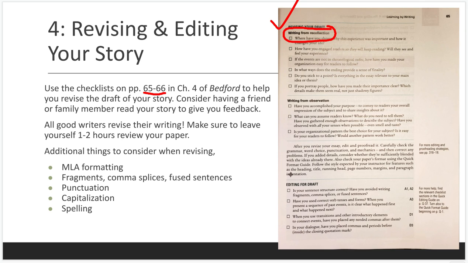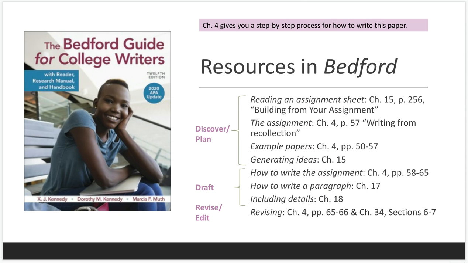Okay, and then editing for the draft. This is just a good checklist to go through. I would highly recommend you focus on fragments, comma splices, and fused sentences. I will mark off more for these because we've learned about them this week, so you should know how to spot them and fix them. But you also do want to focus on your MLA formatting and then punctuation, capitalization, and spelling. Okay, so just a quick overview.